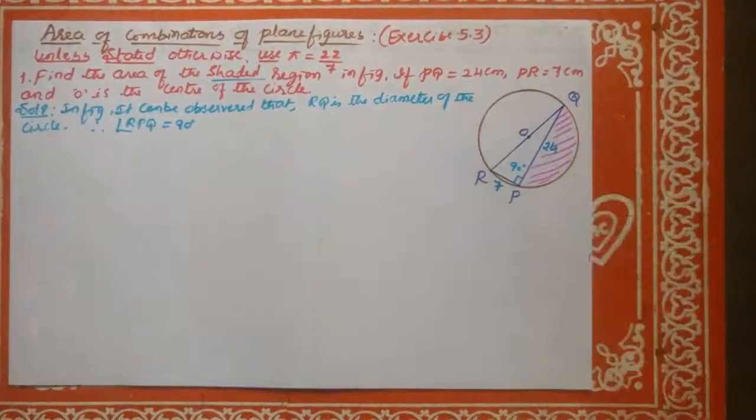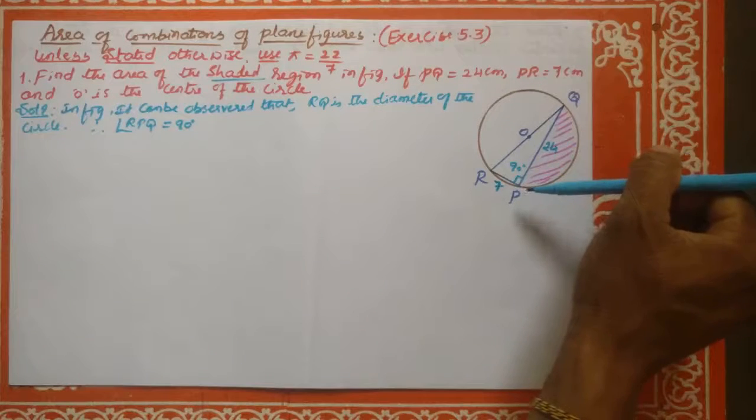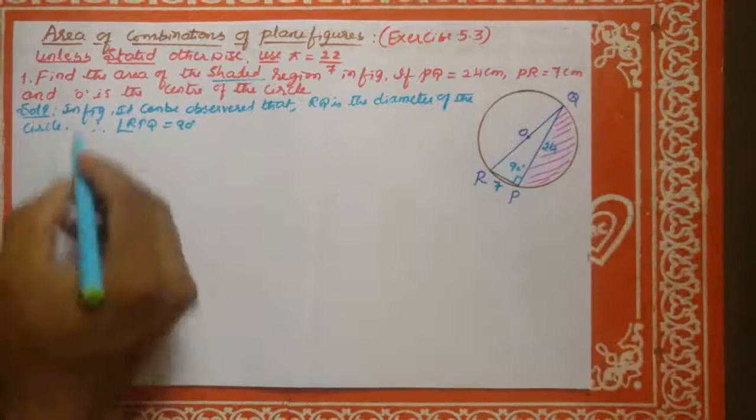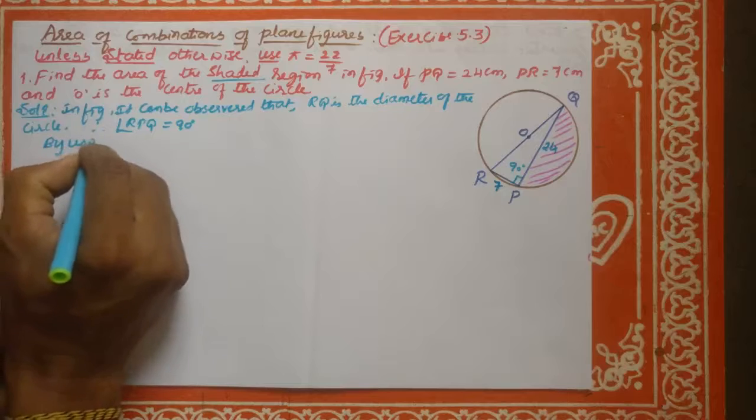We can use the Pythagoras rule now, because they have given the values of PQ and RP, and we need to find RQ. RQ is the hypotenuse in a right angle triangle.